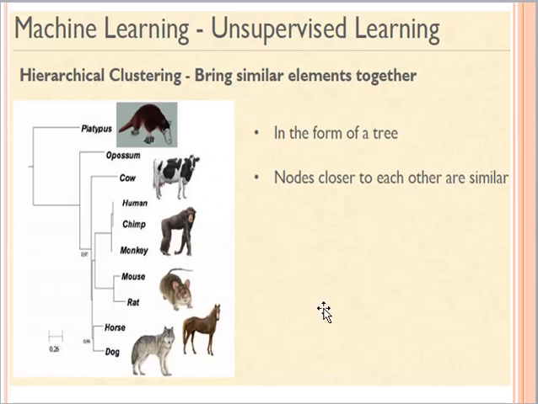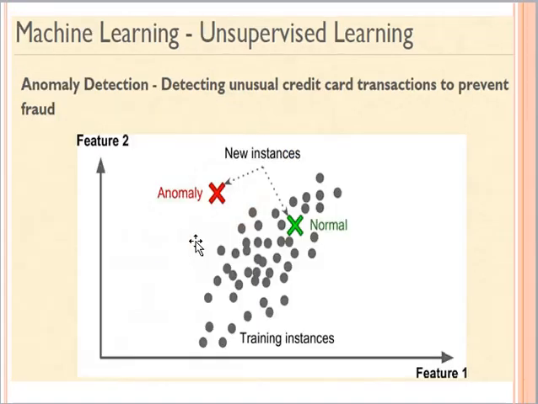So each node closer to each other are similar, right? We are basically trying to form a hierarchy of all the objects, and we are trying to develop a tree in which each node has the objects which are similar to each other, and you can also see that in this figure.